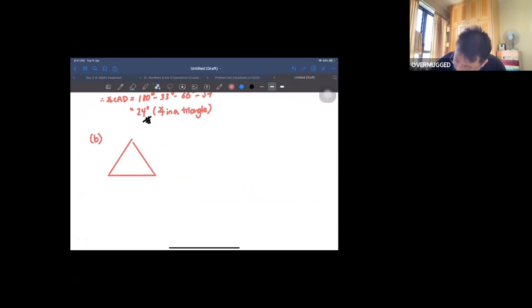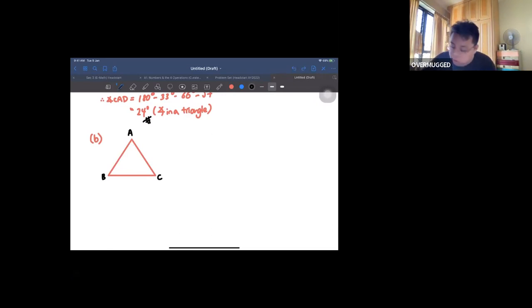So, isosceles. Sorry, let me just check the dimensions. This is A, this is B, this is C. We know that the two sides are equal in length, so this is 66. Now, a property that we can use is to split this triangle straight down the center.